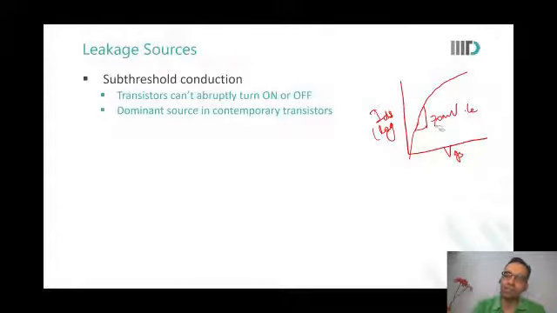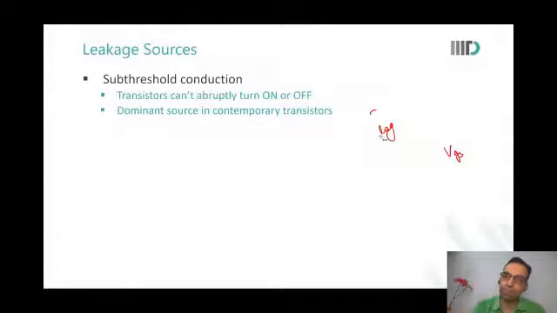You remember that? 60 millivolt per decade and all that. We were talking about it is not that below VT the current goes to 0 at once. Okay, it reduces very, very significantly. There is a logarithmic exponential reduction in current as you go below VT, but current will still flow. And that is what is subthreshold conduction.